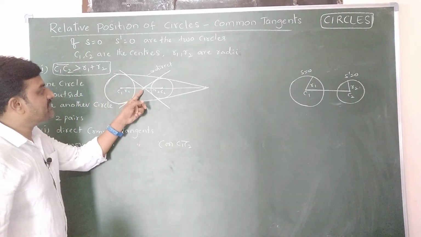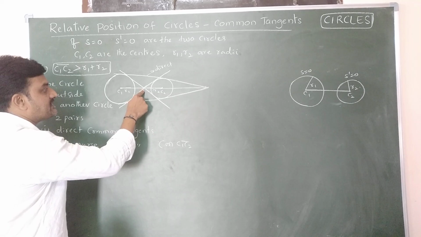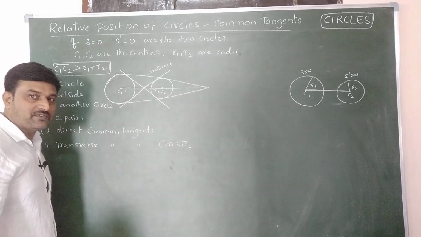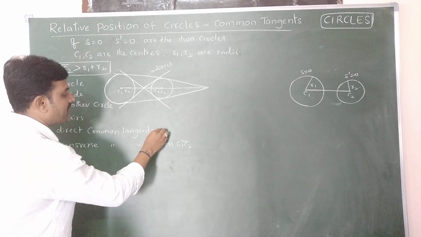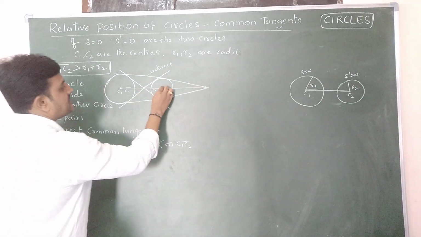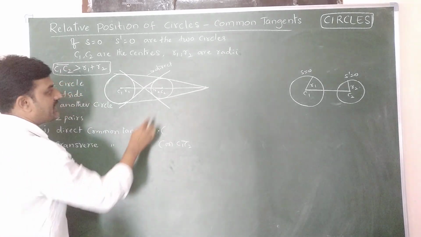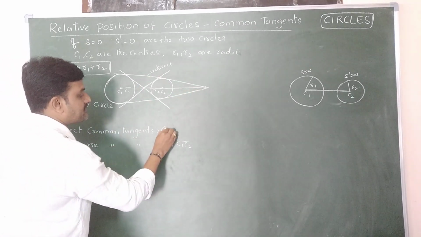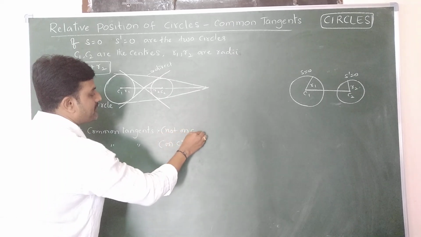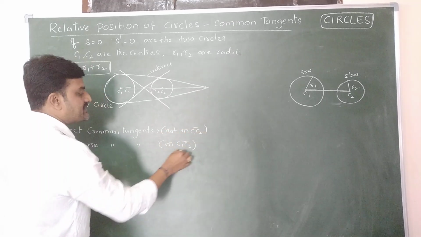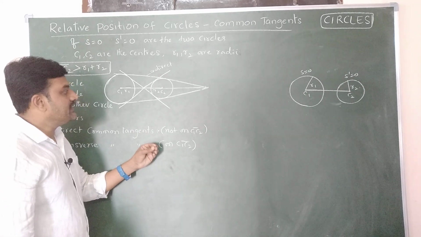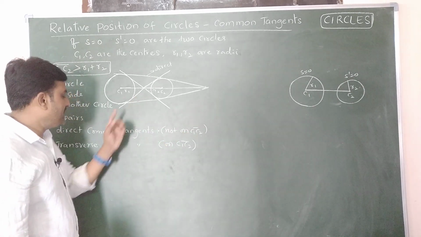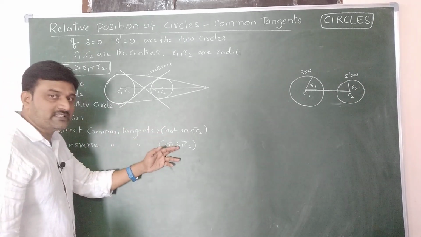The intersection of common tangents lying on C1C2 is called transverse tangents. Otherwise, the intersection of direct common tangents is not on C1C2.